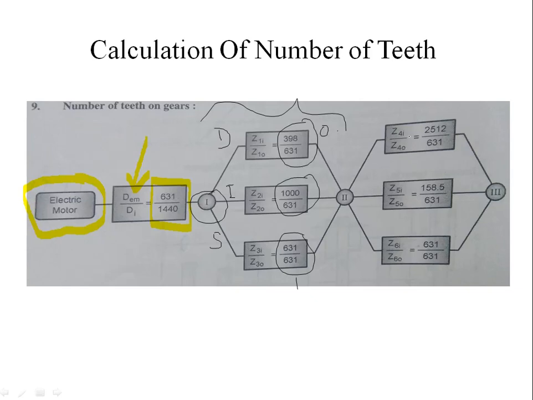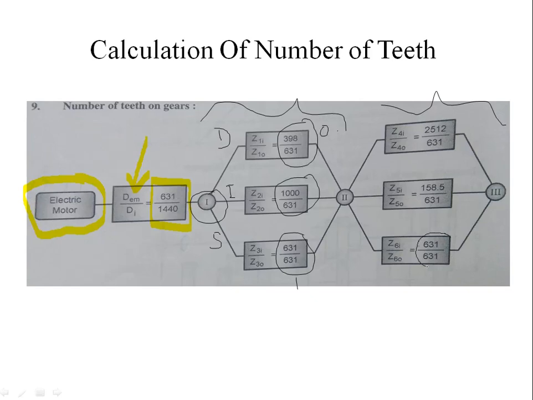Then next is the second transmission group, that is Z4 input upon Z4 output, Z5 input upon Z5 output, and Z6 input upon Z6 output. Again in the second transmission group, the speed has to be taken. So 2512 upon 631, 158.5 upon 631, and 631 upon 631.